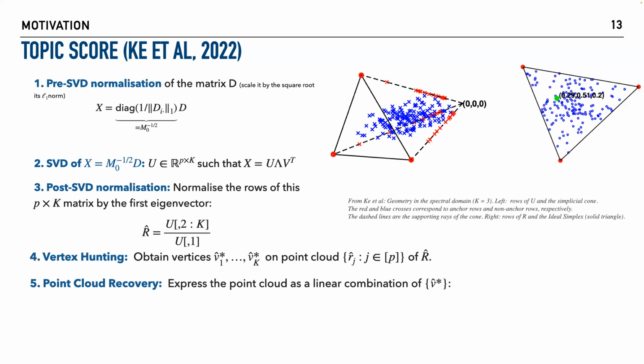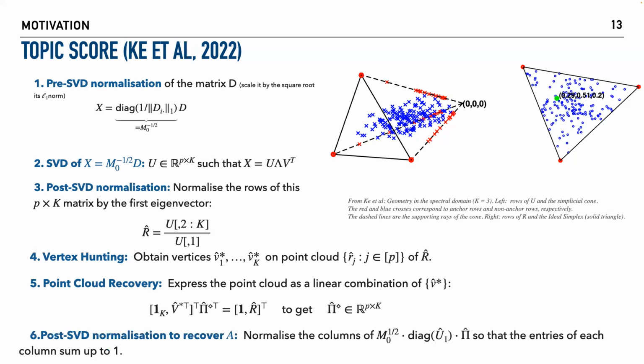So you're trying to express your R here as a linear combination of the vertices. And what's great is that once you have this P hat here, it's almost A, up to an appropriate scaling, because you know that the columns must sum up to 1. So this is the Topic-SCORE procedure. Does this make sense?